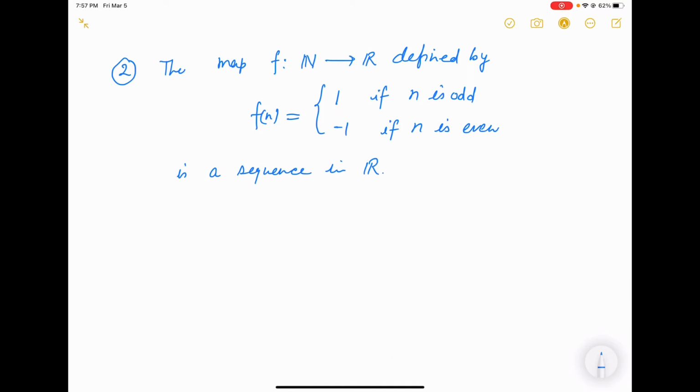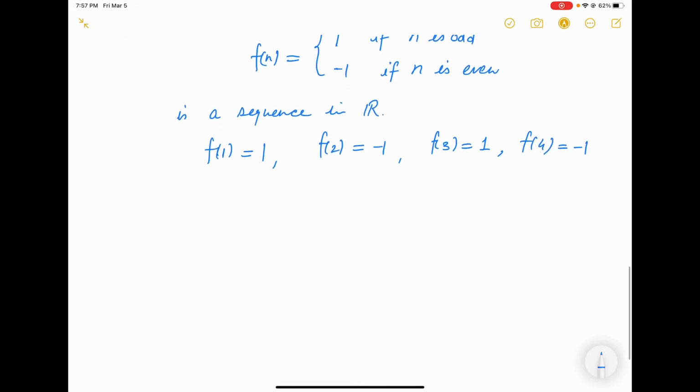What is this sequence actually? F1: 1 is odd, so its value is 1. What is F2? 2 is even, so its value is -1. Again, F3: 3 is odd, so its value is 1. And F4: 4 is even, so its value is -1. So in this way we go on, and the sequence is 1, -1, 1, -1 and so on.